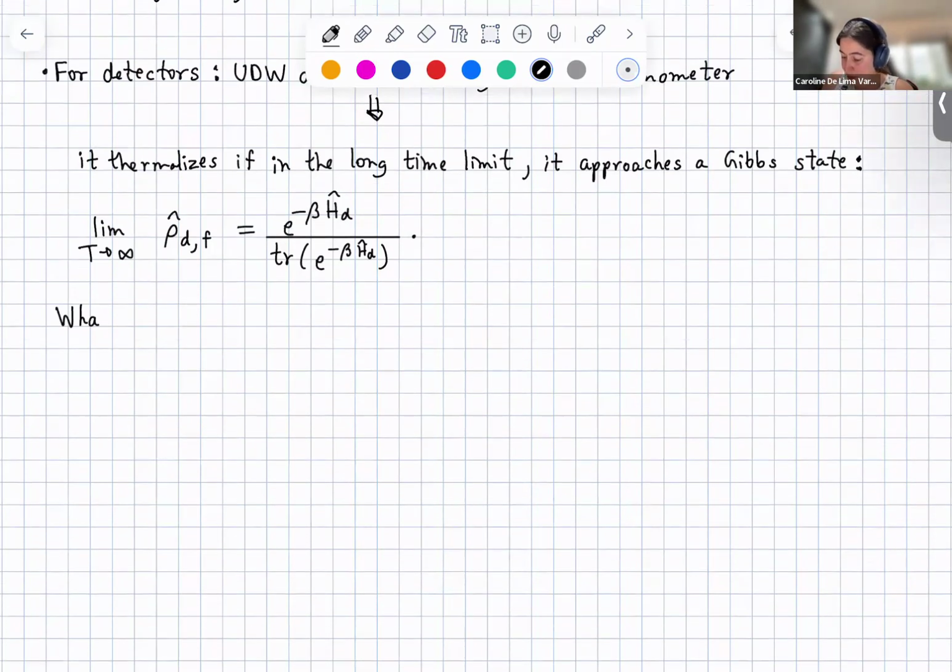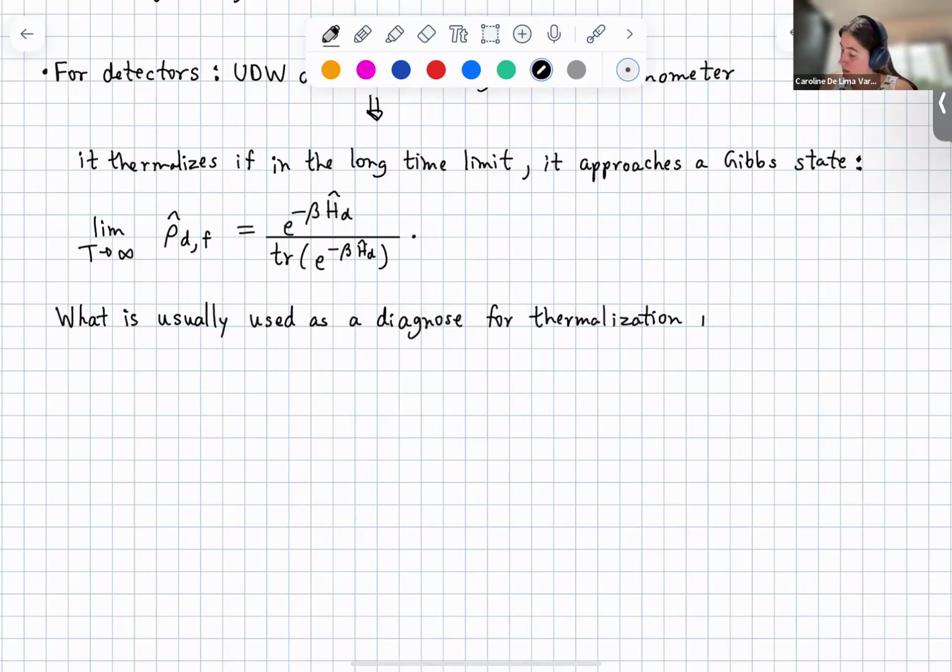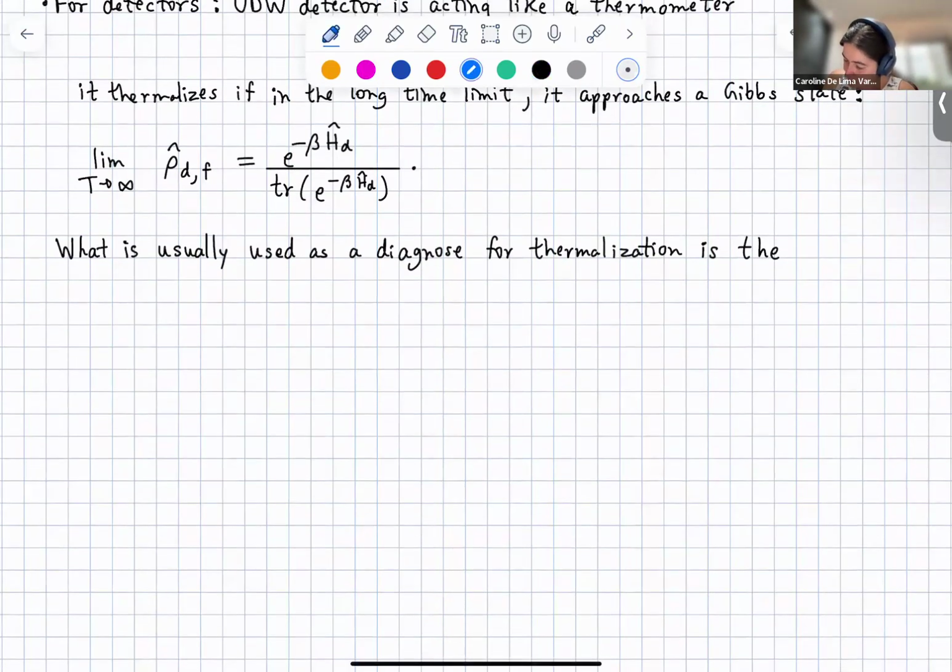But what is actually used is the so-called detailed balance condition. What is usually used as a diagnostic for thermalization is the detailed balance condition.